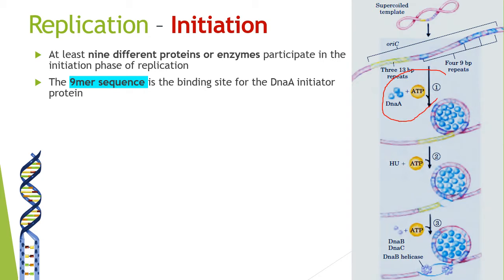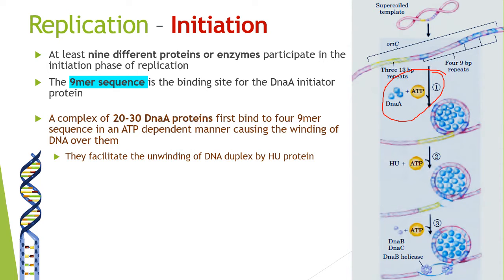The DnaA protein, together with the energy from ATP hydrolysis, identifies these nonamers, binds to them and loops it around themselves. Usually 20 to 30 DnaA proteins bind to this 9-mer sequence and wind it over themselves.